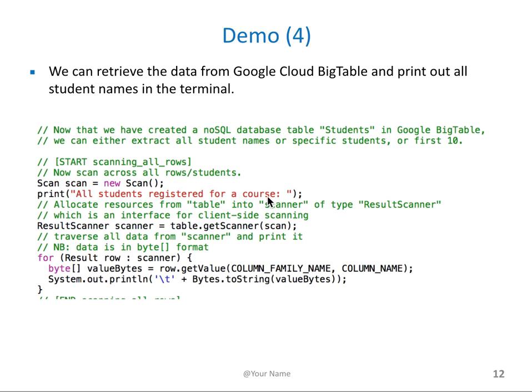Obviously right now we print it to know that we are at this point, and then we use the interface for client-side scanning, result scanner, into our table, and then we print every student from the scanner, which is at this point all students from the list. Please keep in mind that right now we are retrieving the data in the type array of bytes, so they may not necessarily be in the order of first come.